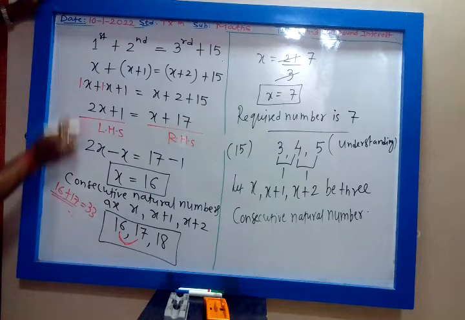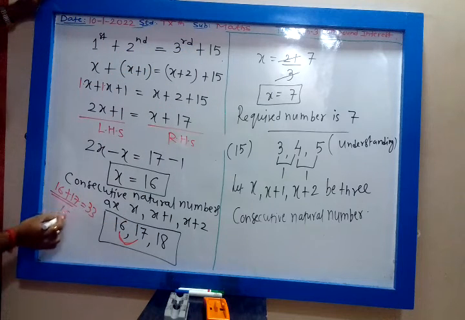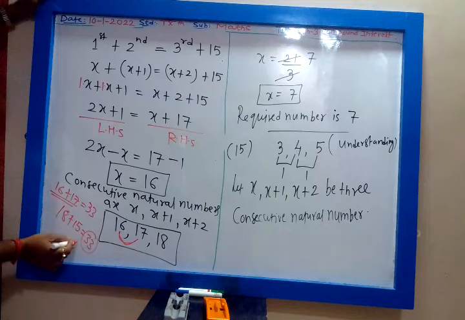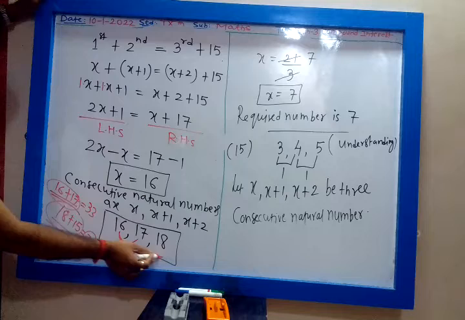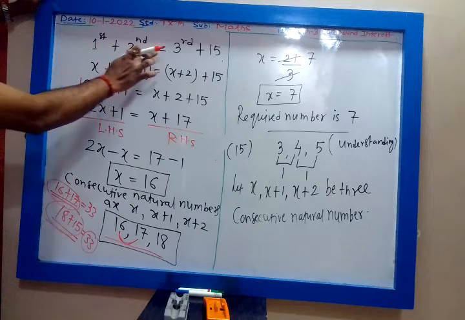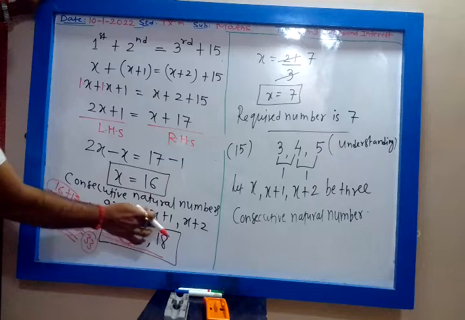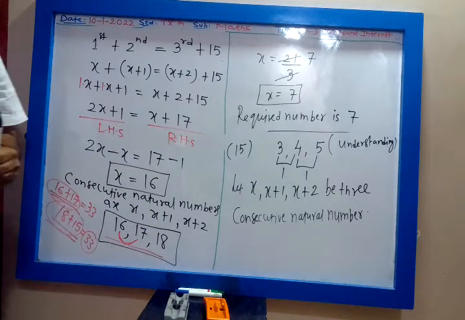The sum of first and second is 33. And what is third plus 15? 18 plus 15 is also 33. That means your calculation is correct. First plus second is equal to third plus 15: 16 plus 17 is equal to 18 plus 15.